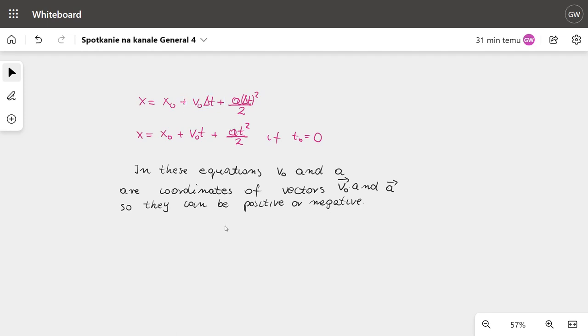We should remember that coordinates of vector are equal magnitude of vector if vector is directed the same as axis, or minus magnitude of vector if vector is opposite to the axis. So, in these equations, v0 and a are coordinates of vectors v0 and a, so they can be positive or negative.